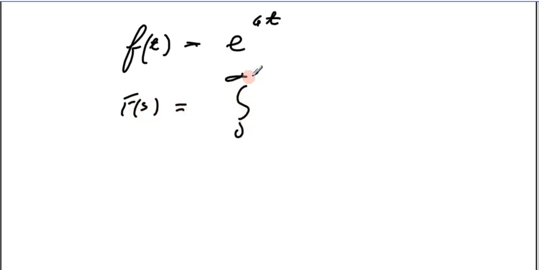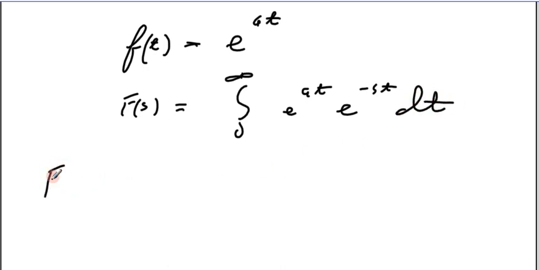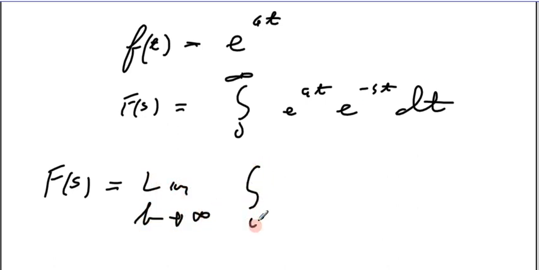F of t is equal to e to the at. So F of s is equal to integral 0 to infinity, e to the at, e to the minus st dt. So I've got limit b goes to infinity, integral 0 to b, e to the (a minus s)t dt.